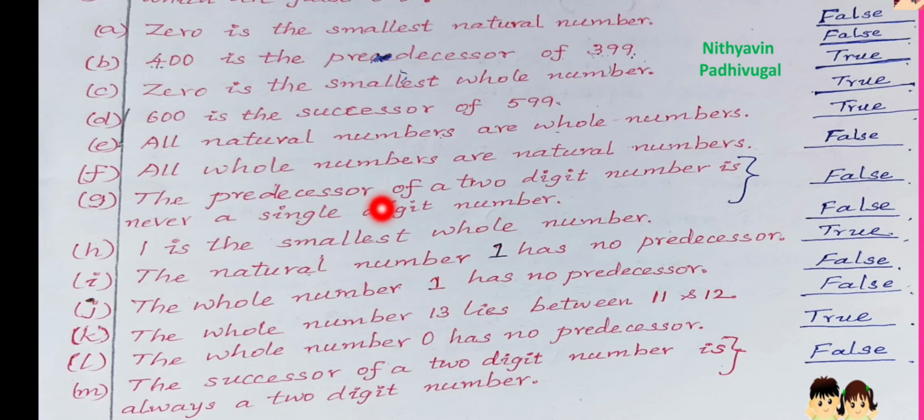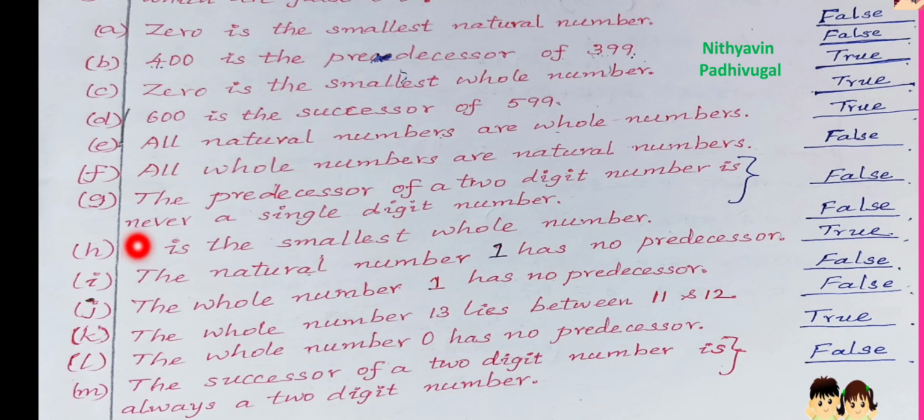The predecessor of a two-digit number is never a single-digit number. The predecessor means previous number, right? No, it is false because consider the two-digit number 10. Its predecessor is 10 minus 1, which is equal to 9. 9 is a single-digit number.